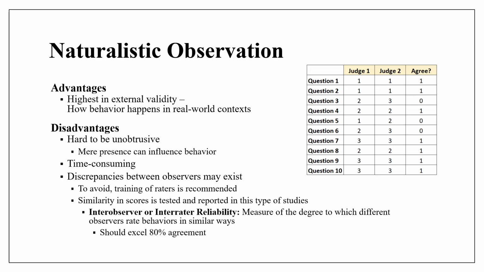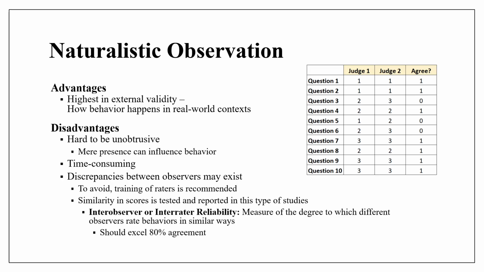Now, there is one way to test for this agreement between the researchers, and it's something that we have already talked about before, which is this inter-rater reliability. Remember, the reliability in general refers to the consistency of results. In this case, the inter-rater reliability is referring to consistency between the different raters that are making observations of the same behavior.